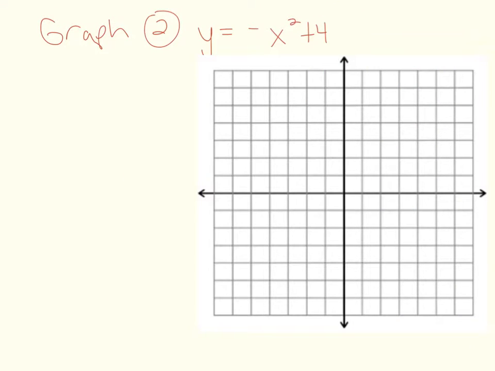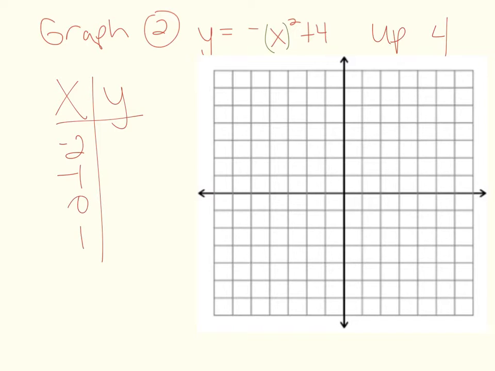All right, on this next one, y equals -x squared plus 4. If you look, there's nothing inside that parenthesis with the x, so that means we're not moving right or left, we're just moving up 4. We make our xy table. We're still going to use -2, -1, 0, 1, 2, and then we're squaring all of these numbers.